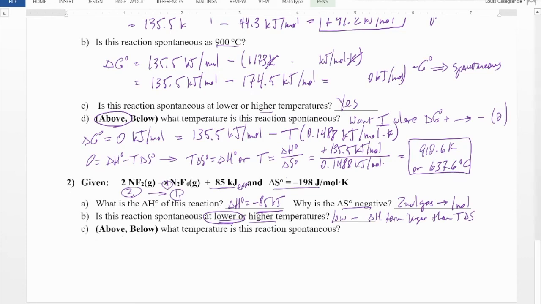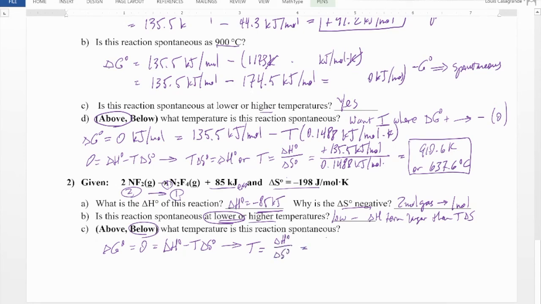Now, we know that it's going to be spontaneous below a certain temperature. What temperature? Again, set delta G naught equal to 0, equals delta H naught minus T times delta S naught. And that gave us before that the temperature, rearranged above, is delta H naught divided by delta S naught.